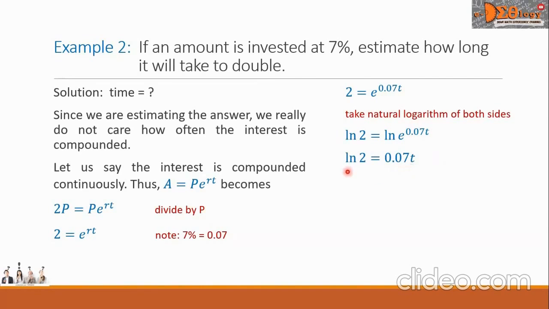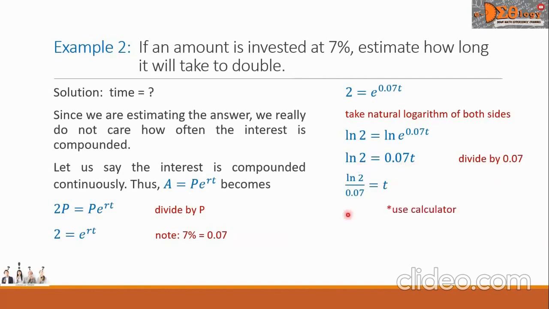We can get the value of ln2 in our calculator. We want now to isolate t. We will divide the equation by the coefficient of t, and that is the 0.07. So on the left side, we will see ln of 2 all over 0.07 equals the right side. This constant 0.07 is now cancelled out. Only t comes down.